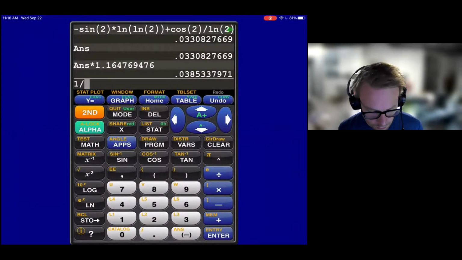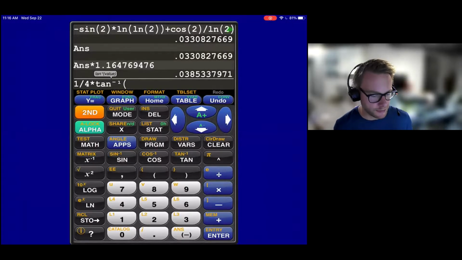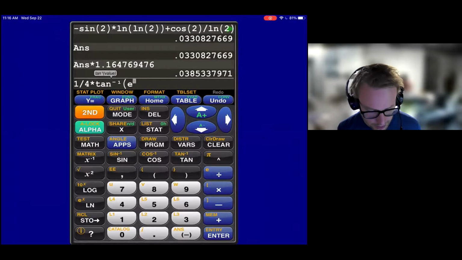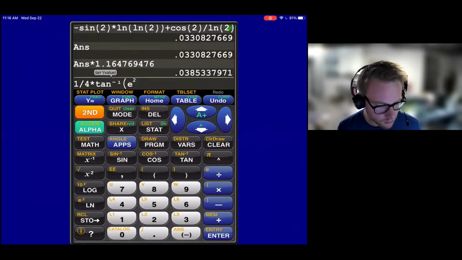I'm going to do 1/4 times arctangent. So this is going to be second tangent there is how I get to that. And then we're going to have e squared, so second natural log gets me to the e squared divided by 2. Close that parentheses, and then we need to subtract away 1/4 arctangent of 1/2.